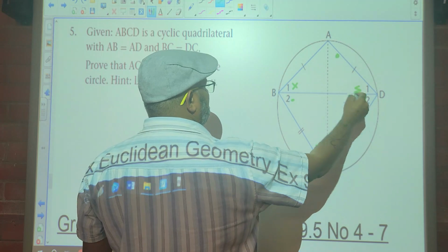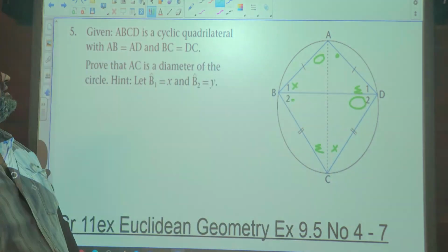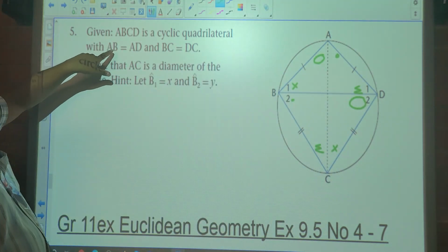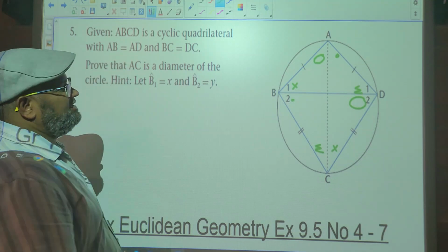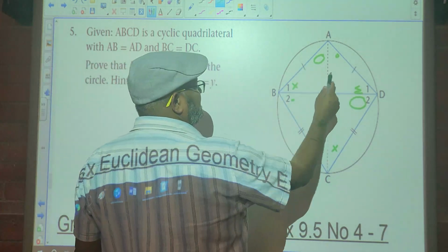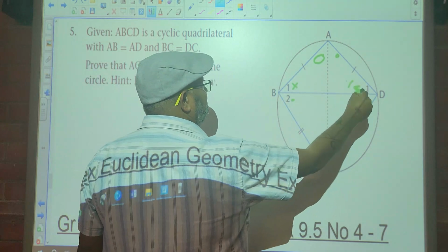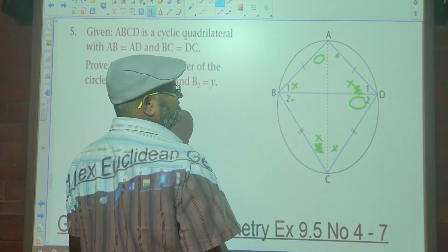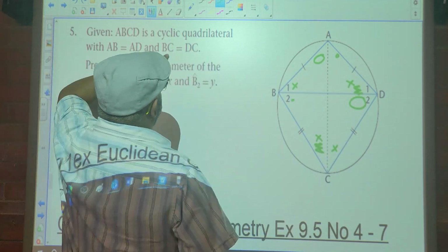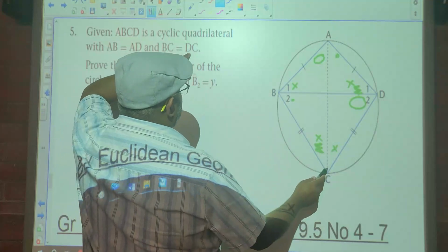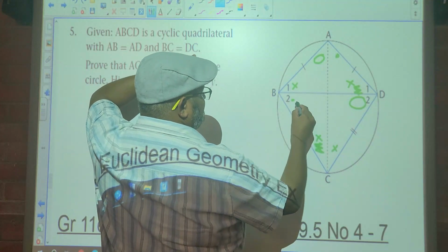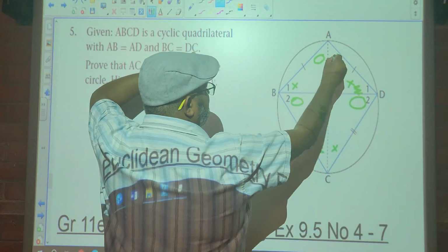And this one is equal to that. Then we are told that AB is equal to AD, so that and that marking is the same. And BC is equal to DC, which makes these markings the same.